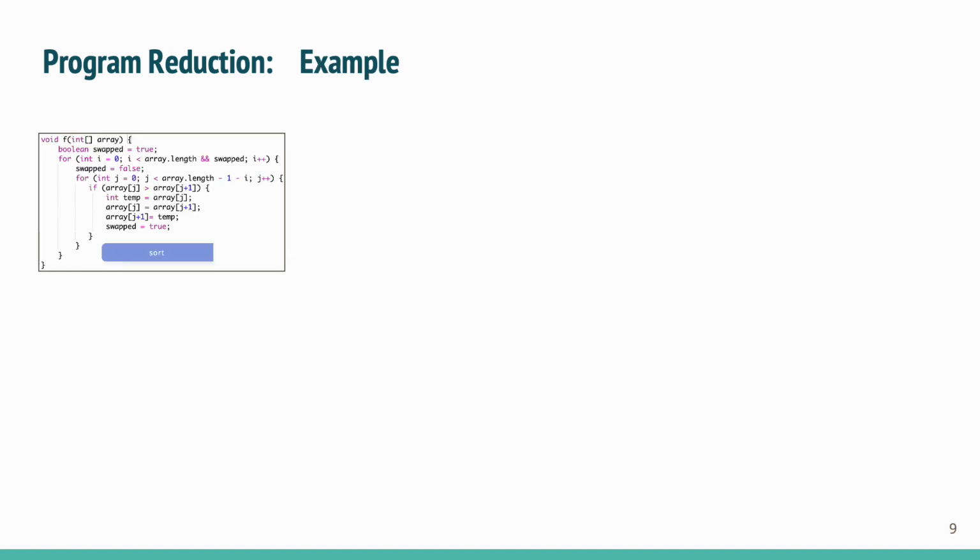In this slide, we will show an example of program reduction. This is a sample program that takes an array as an argument and performs sorting of the array elements. It uses a loop, array element condition checking, and value swapping for performing the sorting function. A trained model such as Code2Vec can correctly predict this program as a sort function.